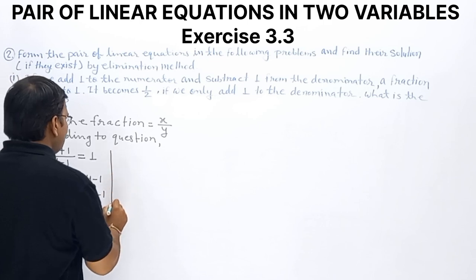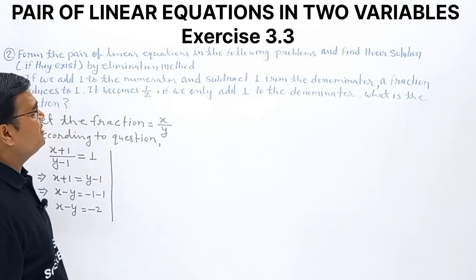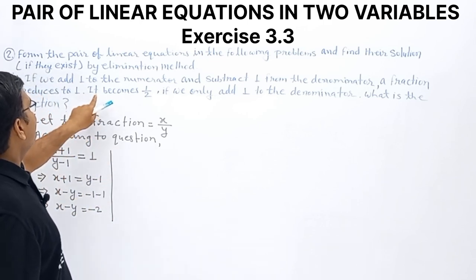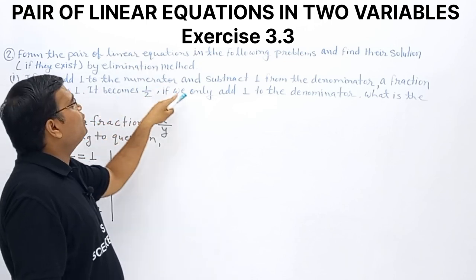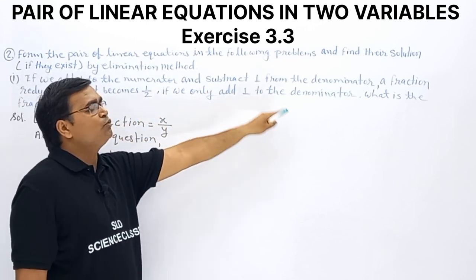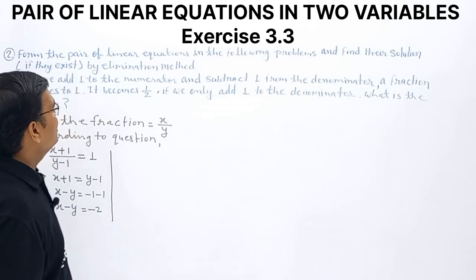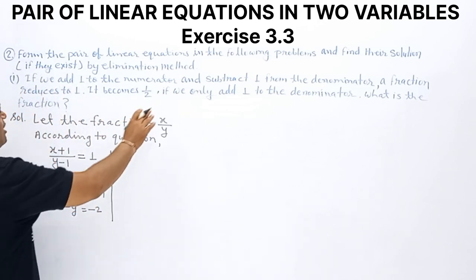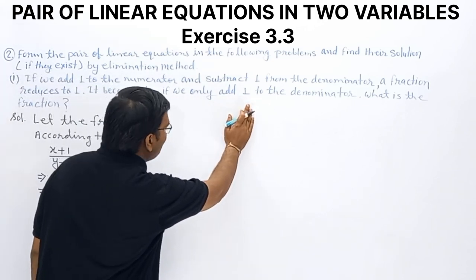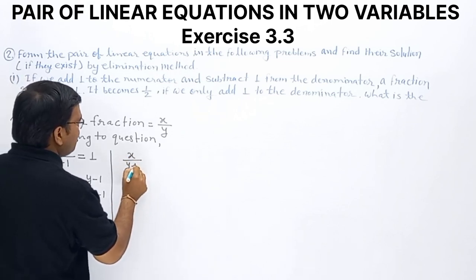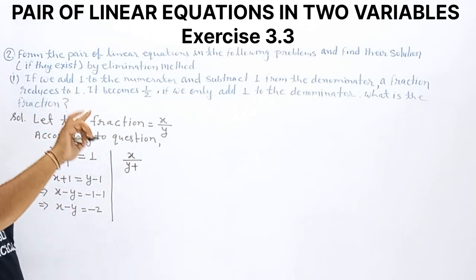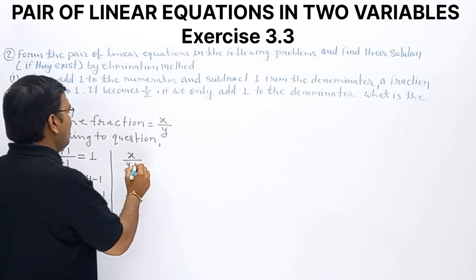Now the next situation, observe carefully. The fraction becomes 1 by 2 if we only add 1 to the denominator. It means we have x upon y, in which only 1 is added to the denominator.